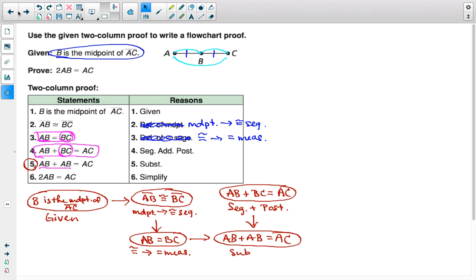And how do I know? I did substitution. And lastly then, if that's true, I can combine my like terms and get that 2AB equals AC. You can write combine like terms, or like what they wrote in there, simplify. There we go. And that's how we create a flowchart proof.